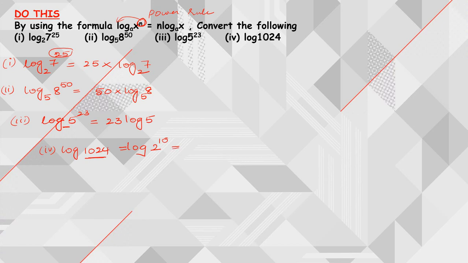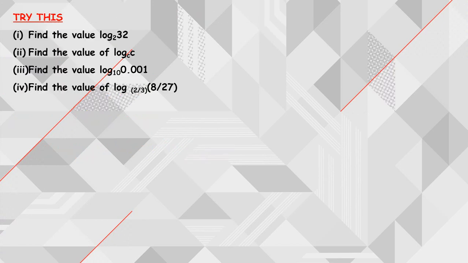Then you can have this particular form. We can directly write it as 10 into logarithm of 2. So this is how to use the power law or power rule. You can apply it in reverse order also, right?